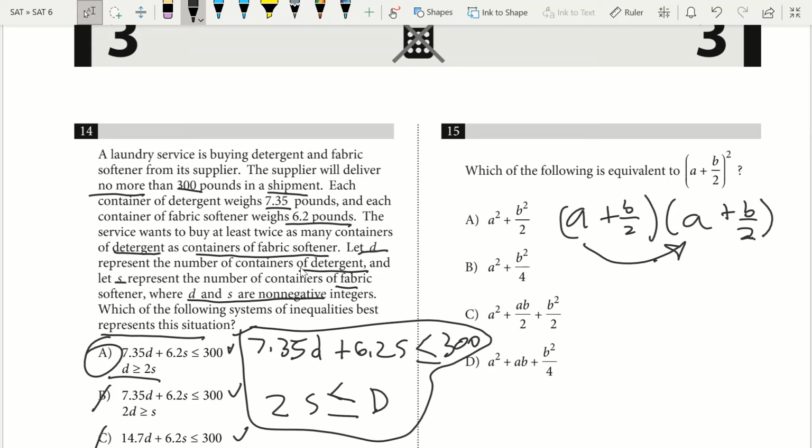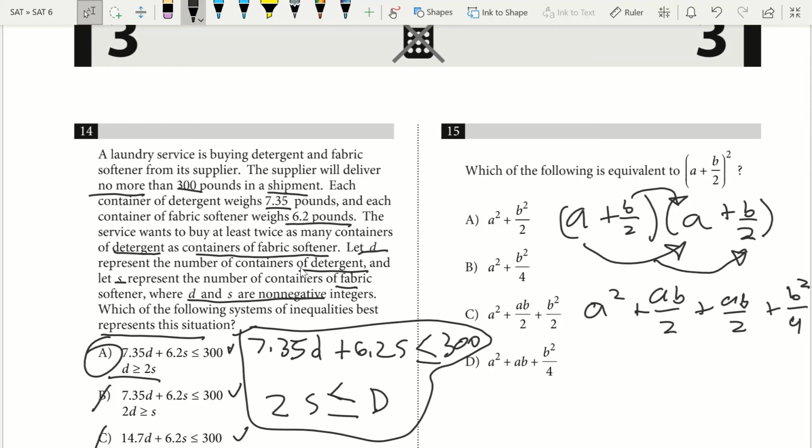So we're going to go A times A, which is going to give us A squared, and then A times B over 2 gives us AB over 2, and then B over 2 times A will give us plus AB over 2 again, and then we'll do B over 2 times B over 2, which is B over 2 squared, so we'll get B squared over 2 squared. 2 squared is 4, so B squared over 4.